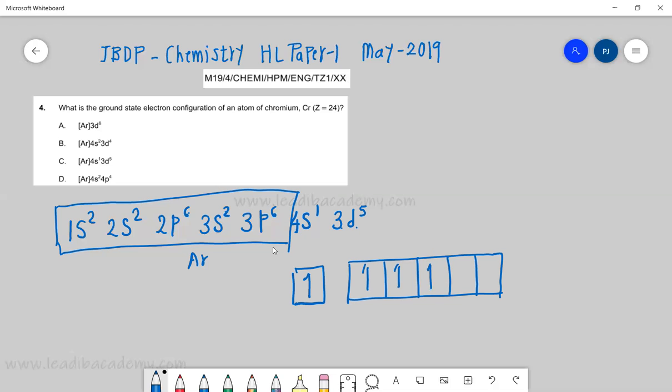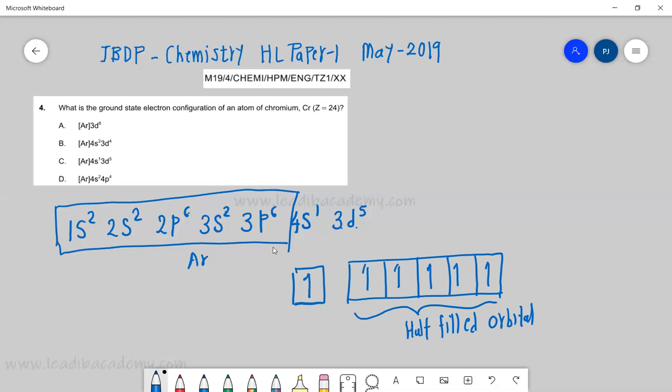This is a completely half-filled orbital. This is what is important. Half-filled orbital. That's why chromium is very important. Exceptional. And typically IB always tries to test you with this exceptional electronic configuration. So you need to be aware of that.